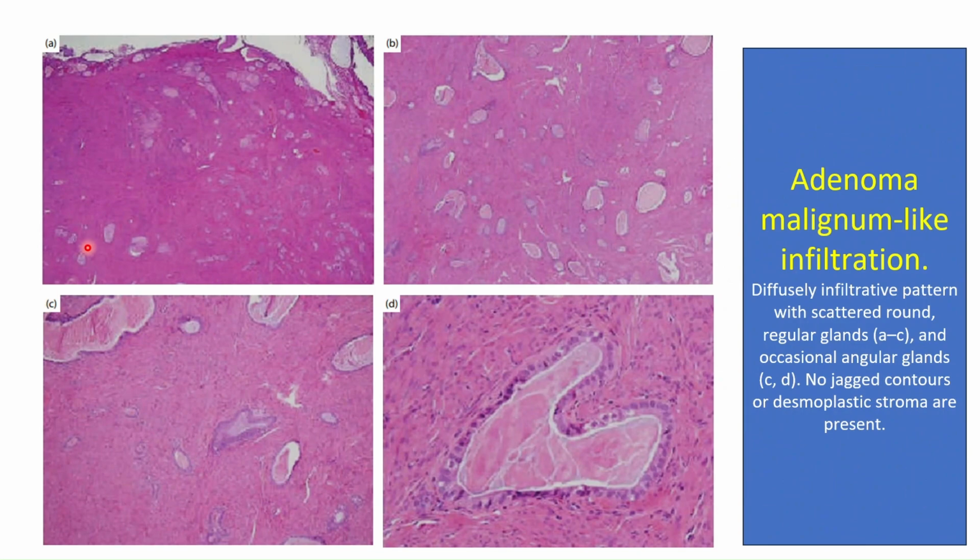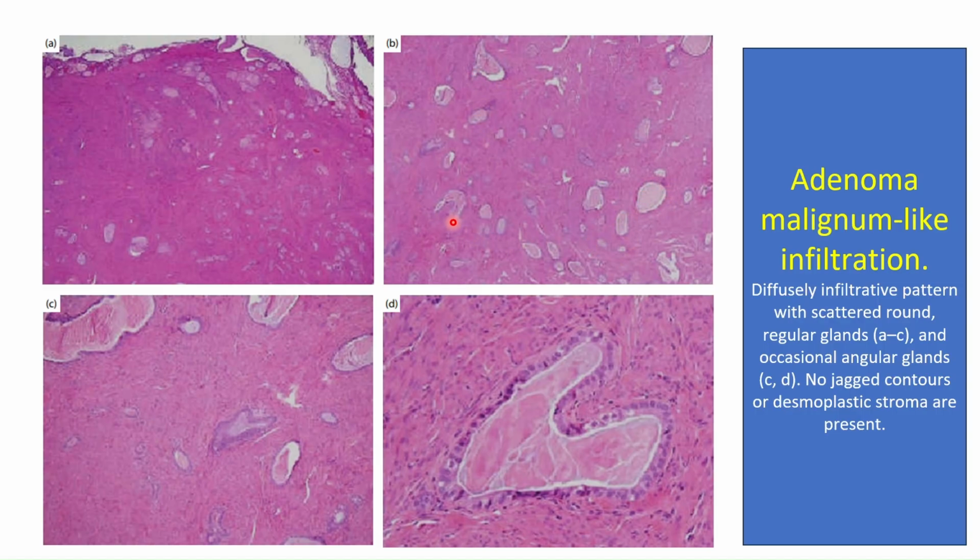In all four sections at low power view, we can see this is the myometrium, which is infiltrated by these small regular cystic glands, and some of the glands show angular walls.